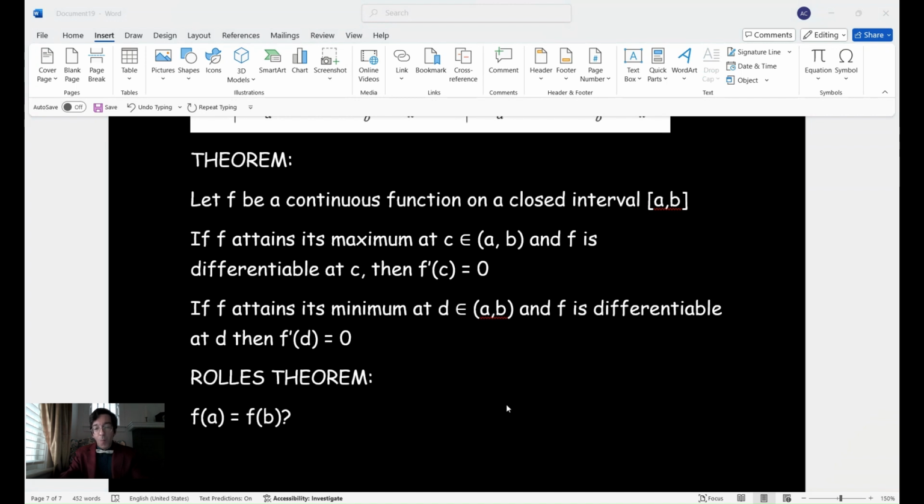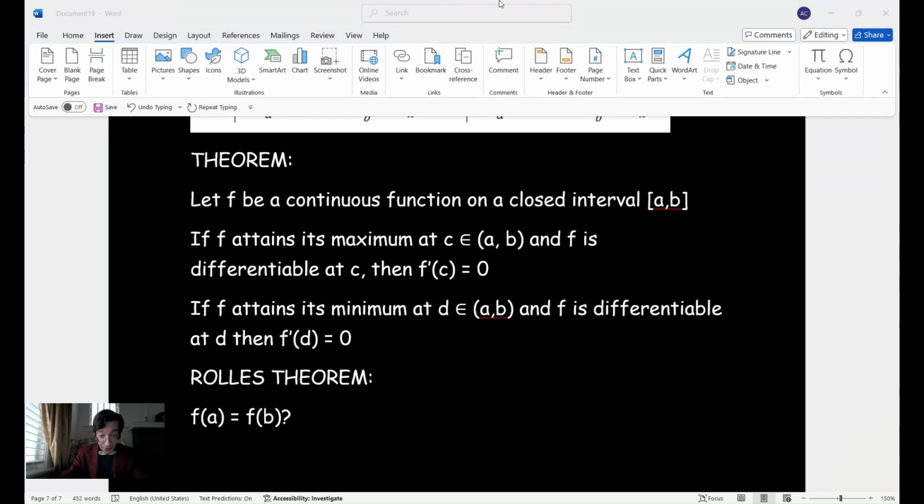How about that? Well, that's like sort of saying you start and end a hike at sea level. Somewhere along the way, you must have had a horizontal moment, and that is Rolle's theorem. It's kind of like the sibling who's always flatlining, figuratively.